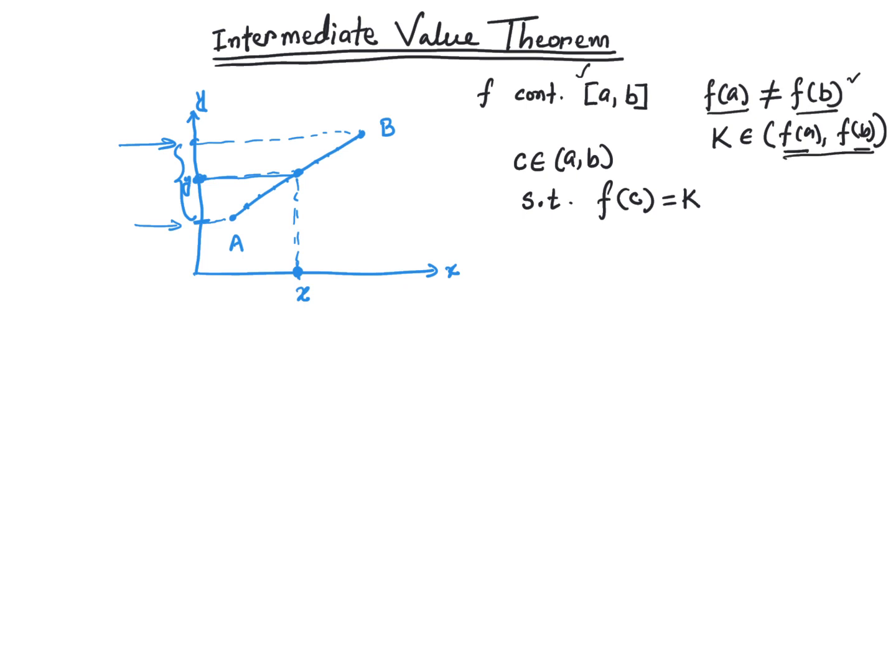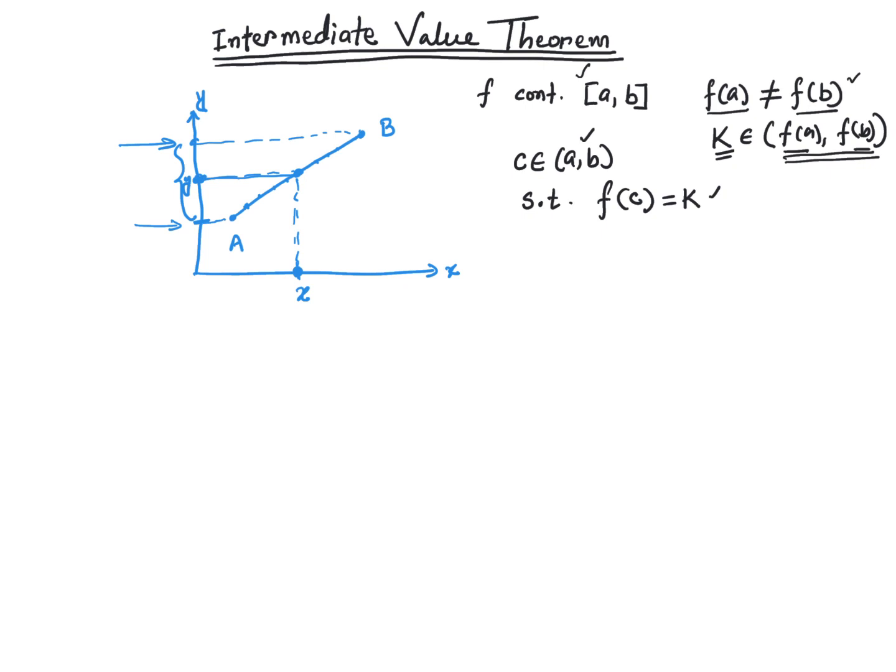It could be f of b comma f of a if f of b is smaller than f of a. Now, for this k in this interval, there exists a c in the domain such that f of c is equal to k. That's what the intermediate value theorem is telling you.